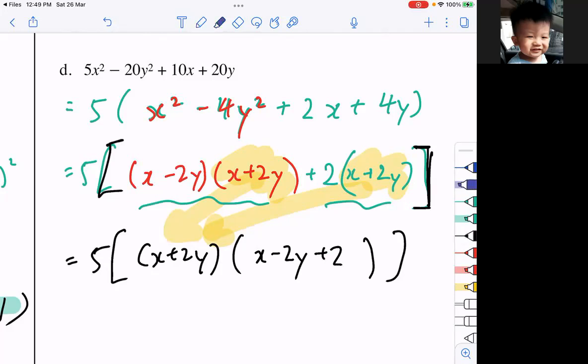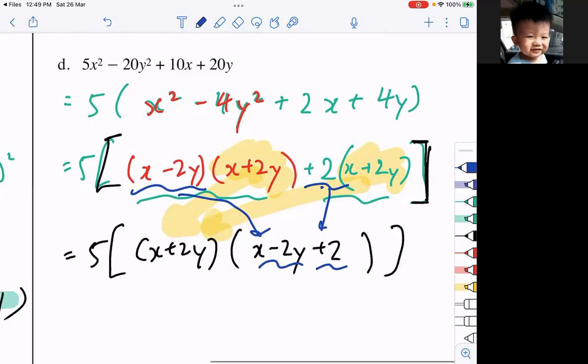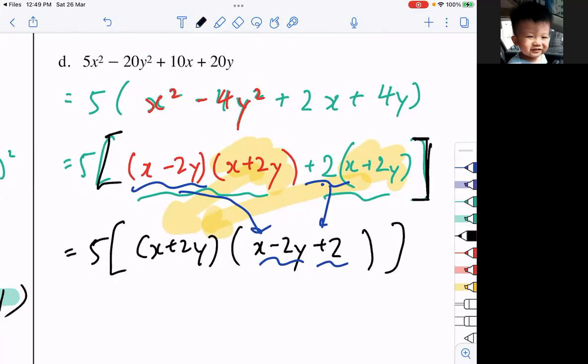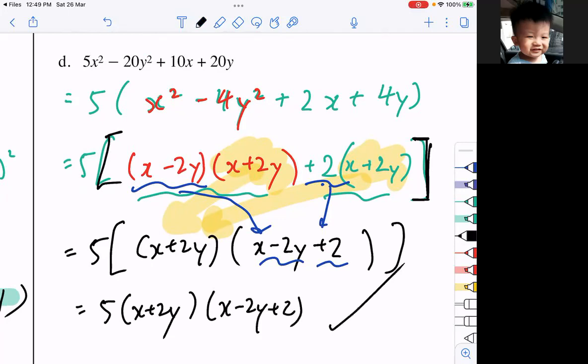So this one came here, plus 2 came here. But you don't write like that because I wrote extra brackets to be safe, to make it cleaner. But this is the answer. This is the final answer.